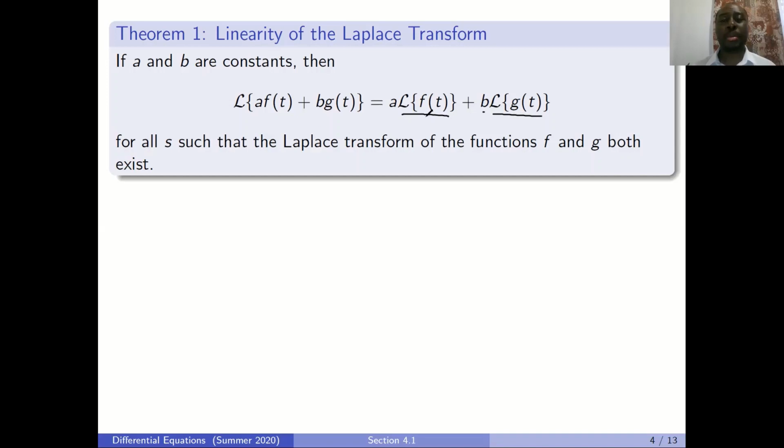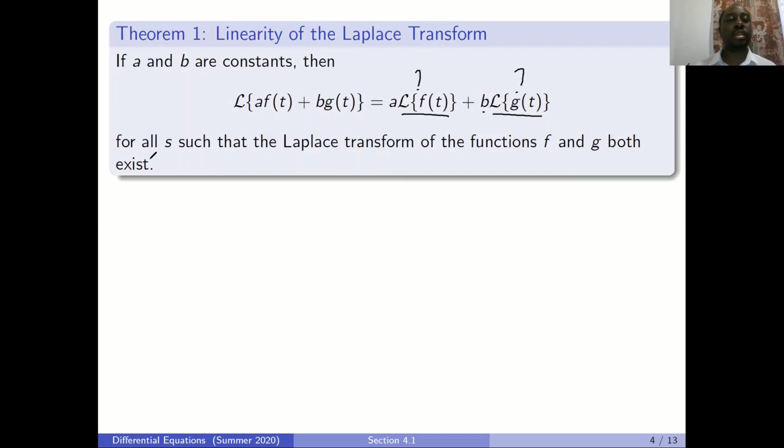So this is what we term as the transform being linear. In other words, it kind of distributes through the sum here. So the Laplace transform of a linear combination of two functions is a linear combination of the transforms of the two functions. Now we're assuming here that the functions f and g both have Laplace transforms. Otherwise, this will not be well defined.